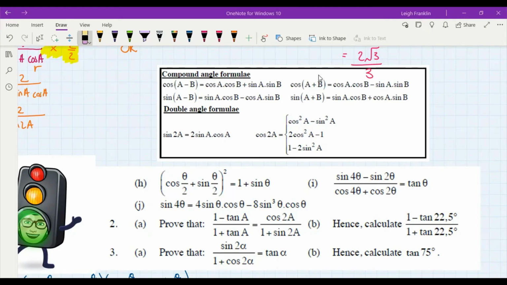Okay, so I'm just going to wait a couple more minutes and then we can go through I and J as well.